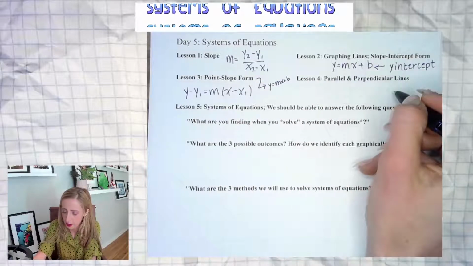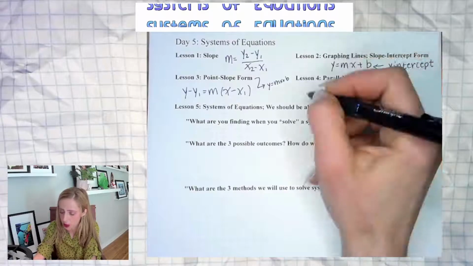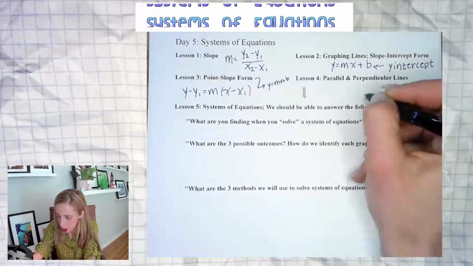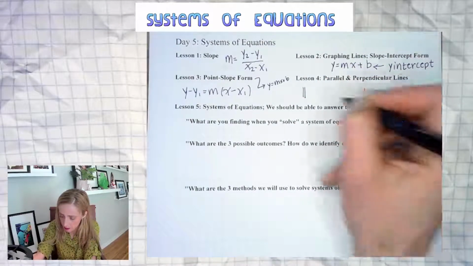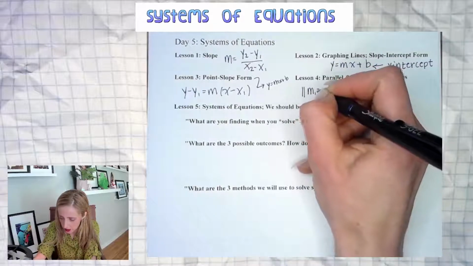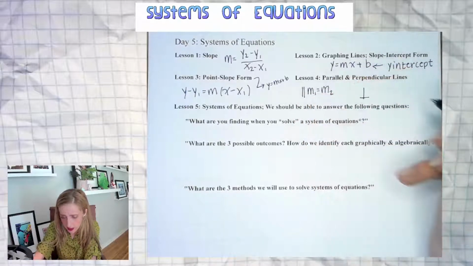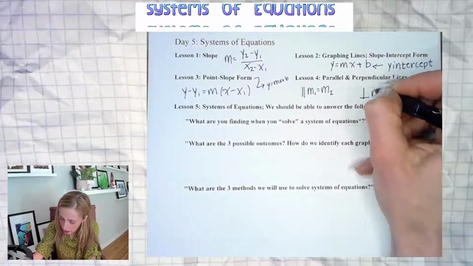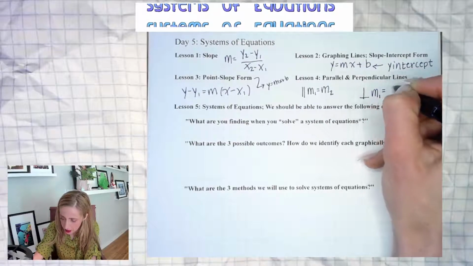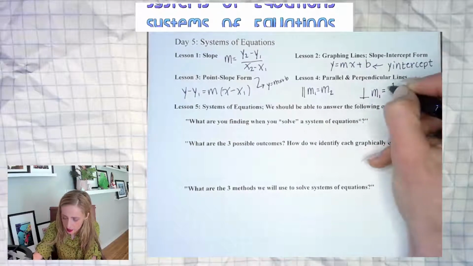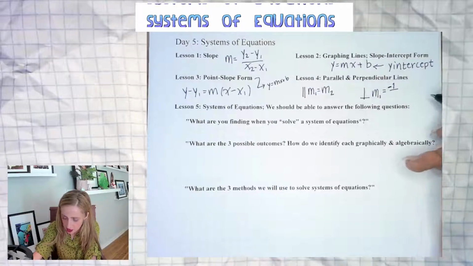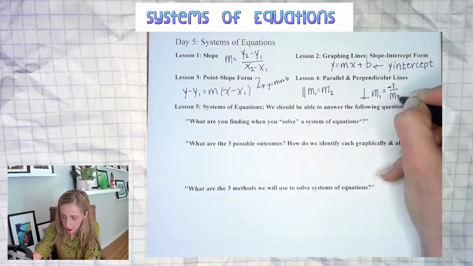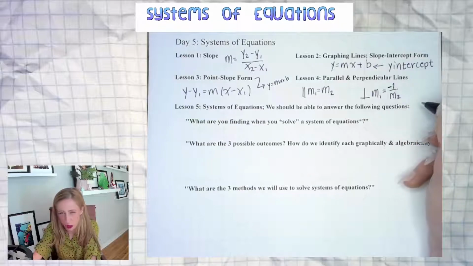Okay? Parallel and perpendicular lines are lesson 4. Parallel lines, that's the symbol. Perpendicular lines, that's the symbol. Here, the slope of the first line is equal to the slope of the second line. In perpendicular lines, the slope of the first line is equal to the opposite reciprocal. Opposite means change the sign. Reciprocal means flip it over. And this is how we write that as a notation.